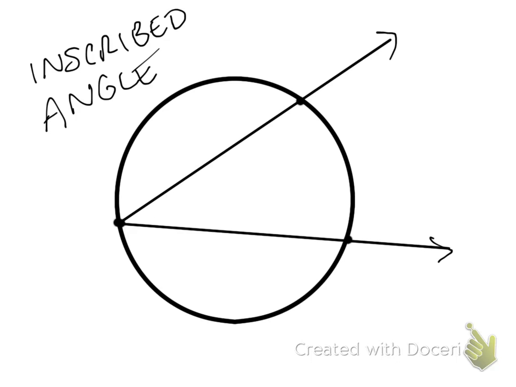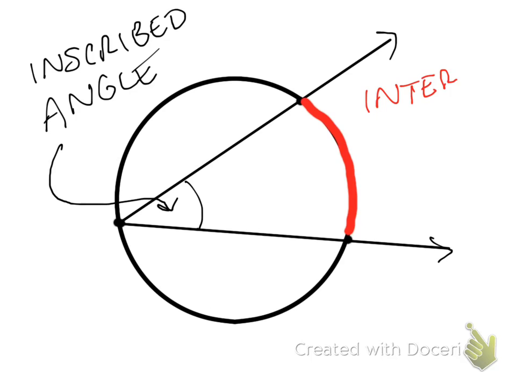Now, to go along with inscribed angle, we actually have an intercepted arc, which, looking at this picture, is this right here. So let me draw an arrow. This is the inscribed angle, the actual angle, and this red part is the intercepted arc.